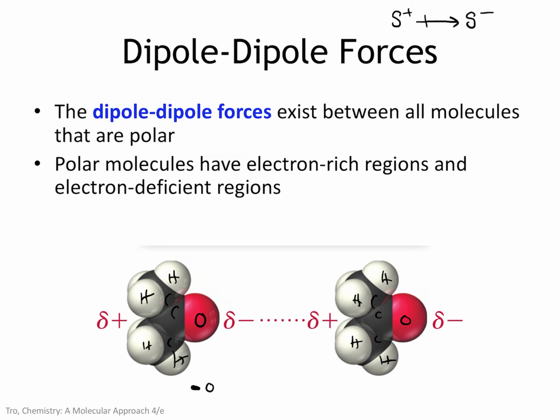Now, since oxygen is the most electronegative, the dipole goes towards the oxygen, which makes the carbon side more positive and the oxygen side more negative.